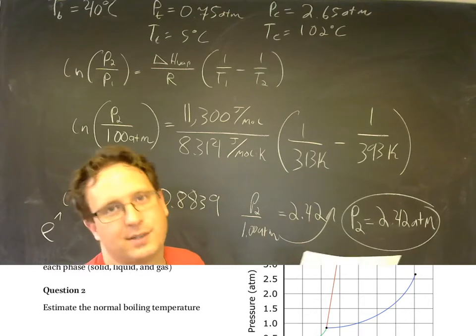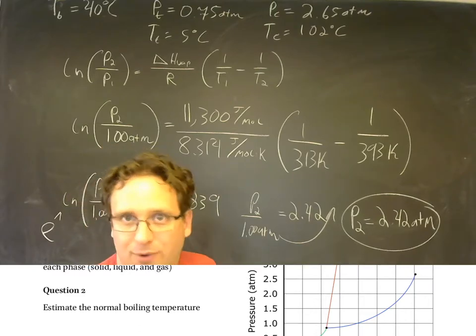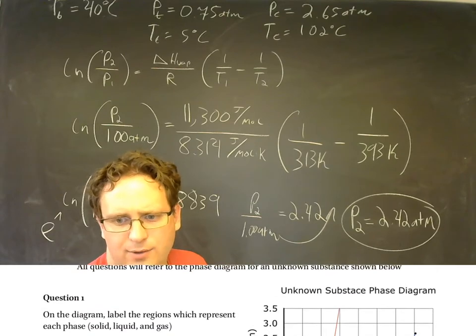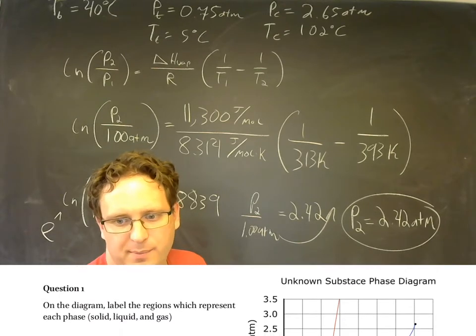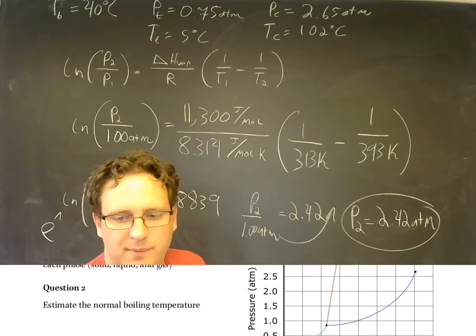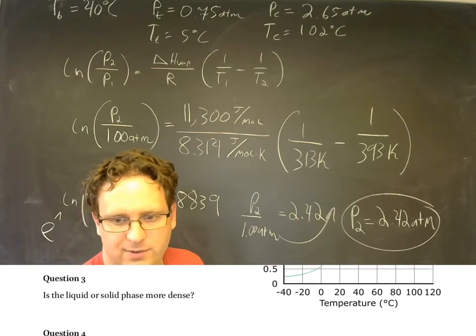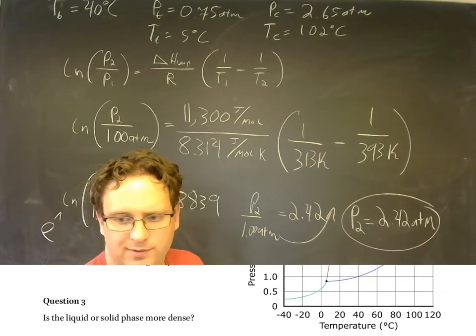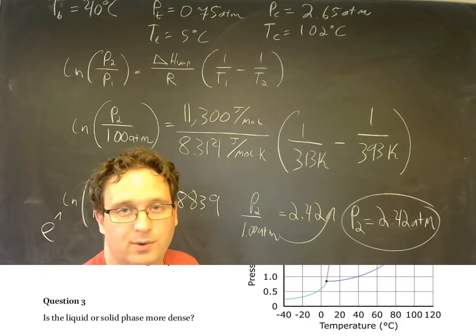And basically it's not quite shaped right. So if this unknown substance phase diagram had been based on real data from a real substance, we would have gotten better results. But I don't think it's that big of a deal. We can still run the numbers and we can get an estimate for the vapor pressure at 120 degrees Celsius.